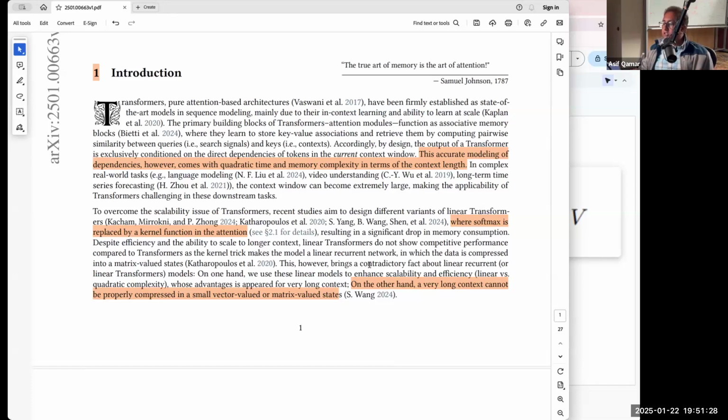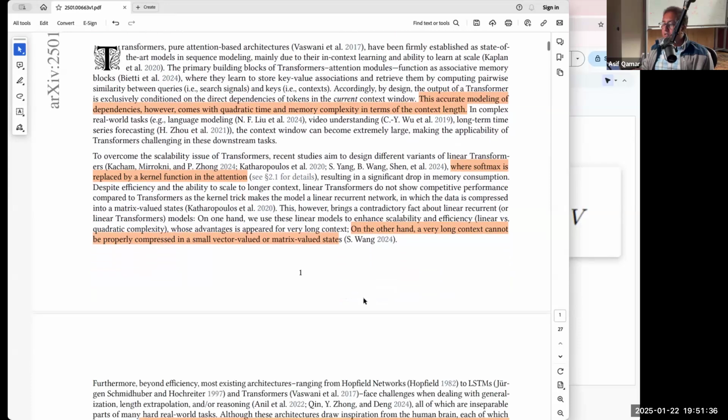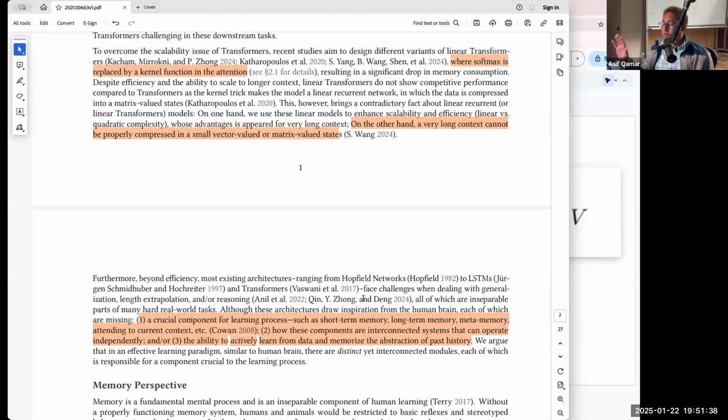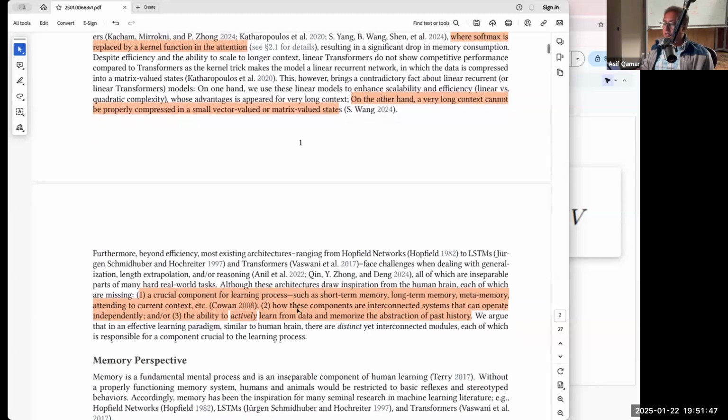I won't be going too much into that, but there are attempts to reduce the computational complexity of the attention equation using the approach they call kernel functions, right? So in this paper, we don't dive into that, but be aware that there are attempts to improve upon that.